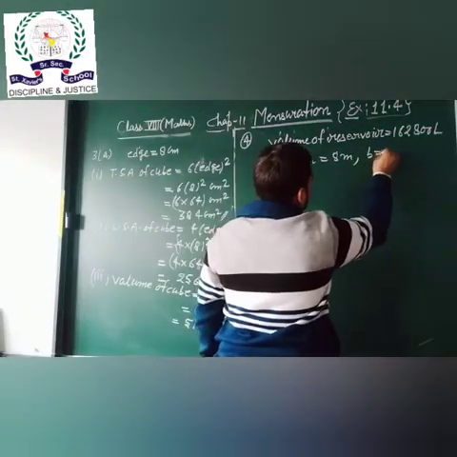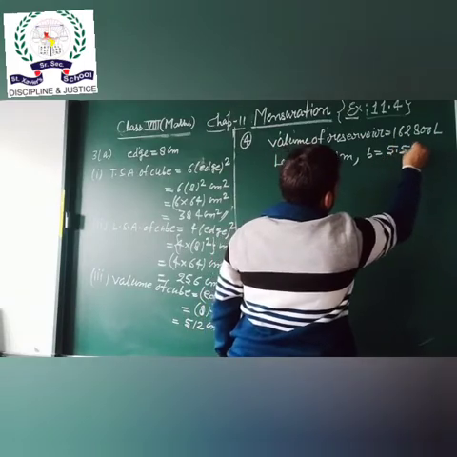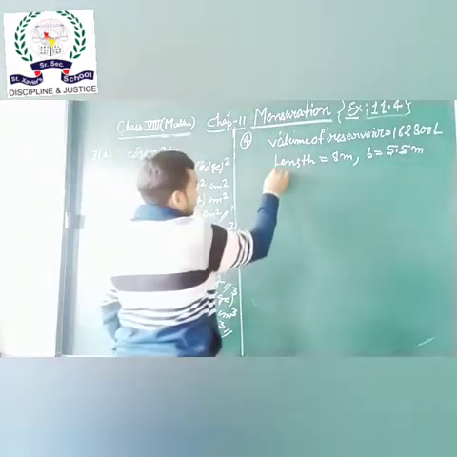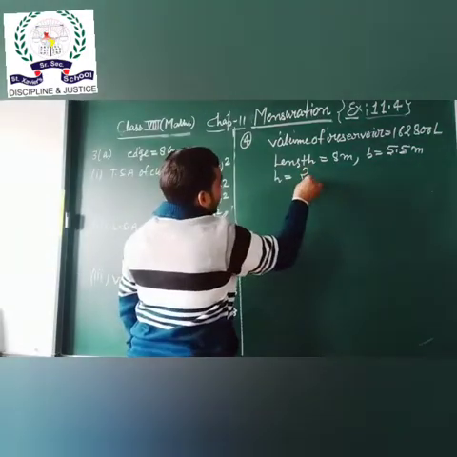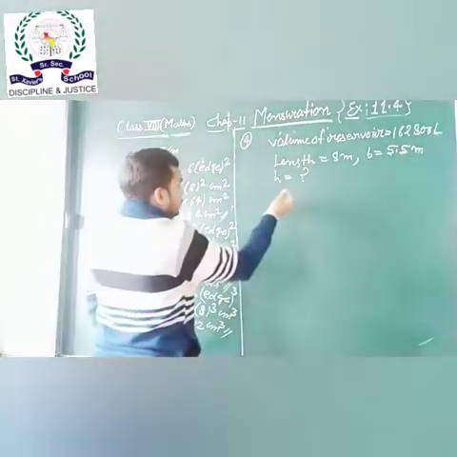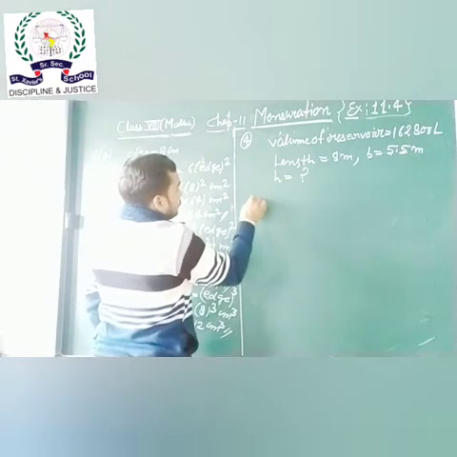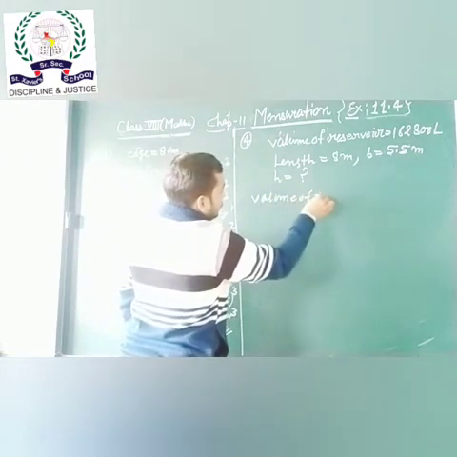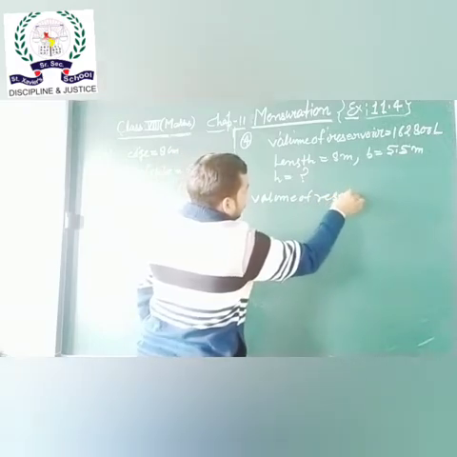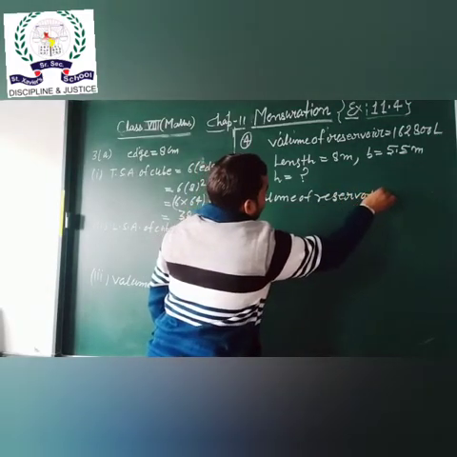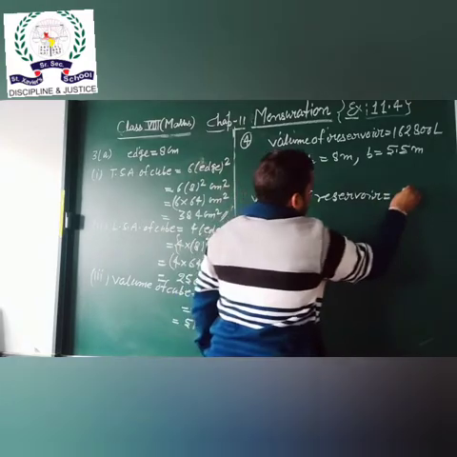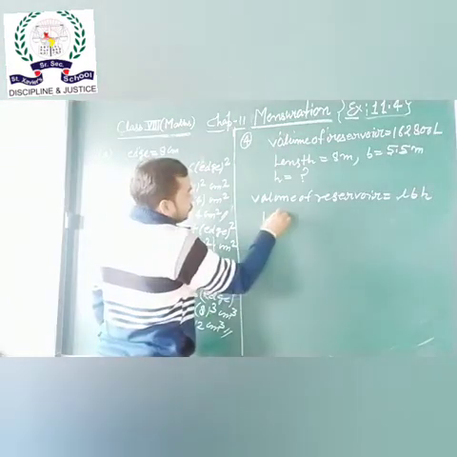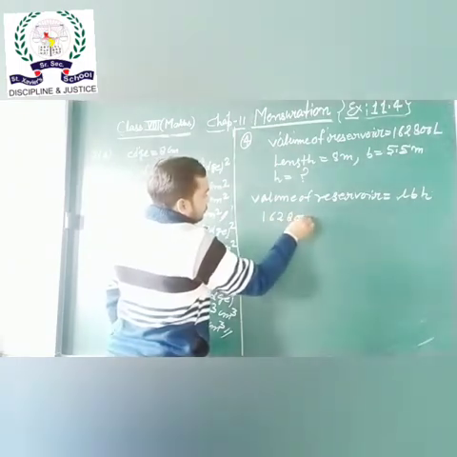Breadth equals 5.5 meter. So we have to find out the height of the reservoir. So volume of reservoir equals LBH, 162,800 liter.